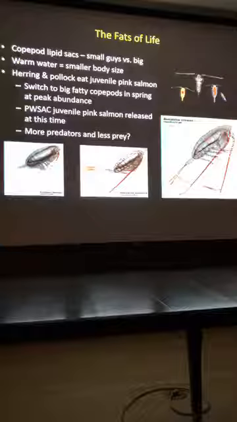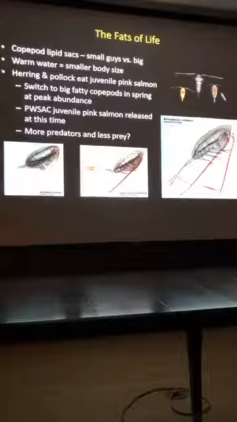Basically, these big copepods act as sausages for all the fish in the Sound in the spring, including herring and pollock. So it's really important that the abundance of these guys is there when herring are feeding and reproducing, or herring will end up switching to eating juvenile pink salmon.